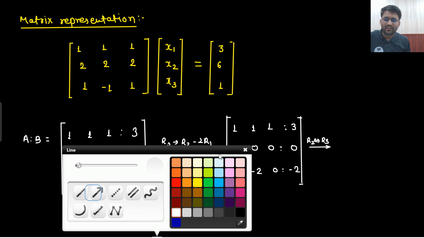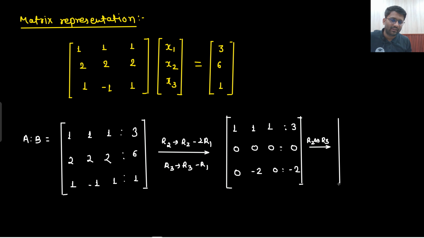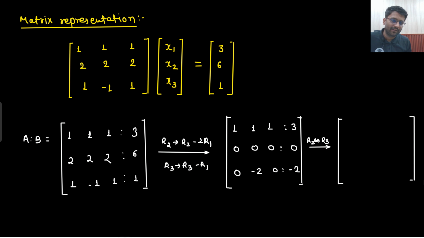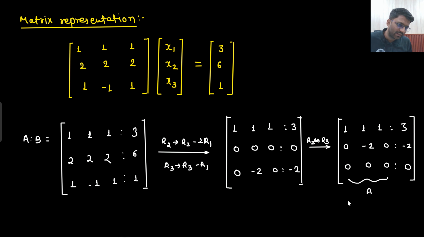After interchanging, this is the matrix I will be getting, and it will be in the row echelon form: 1, 1, 1, 1, 1, 3, 0, minus 2, 0, minus 2, 0, 0, 0, and 0. What was this? This was your matrix A augmented B.